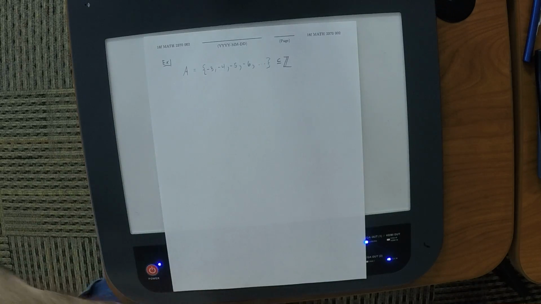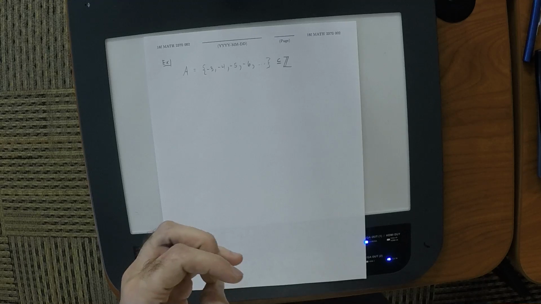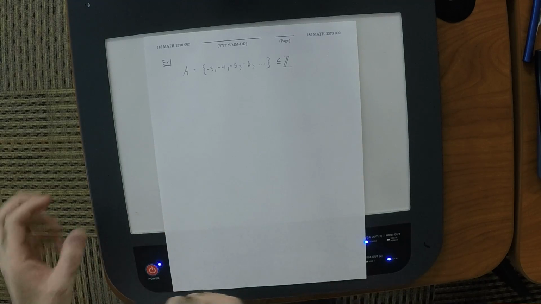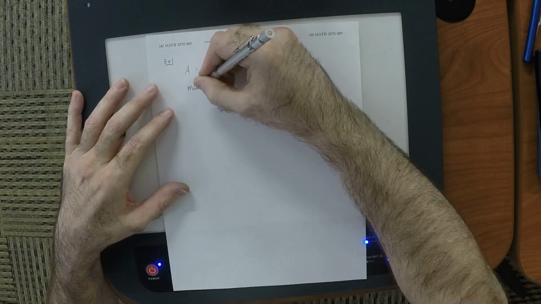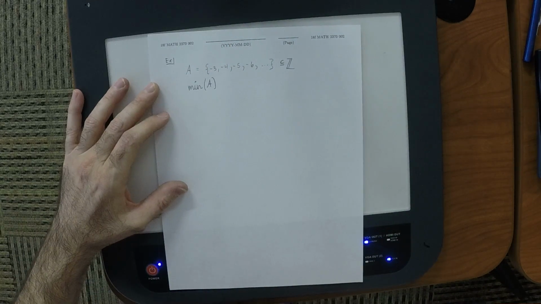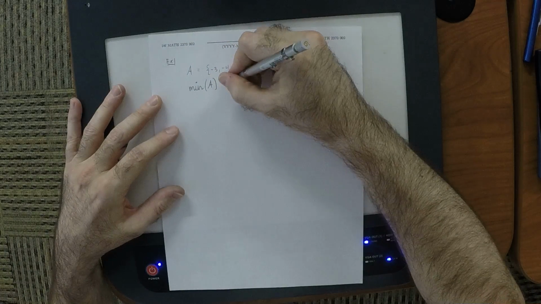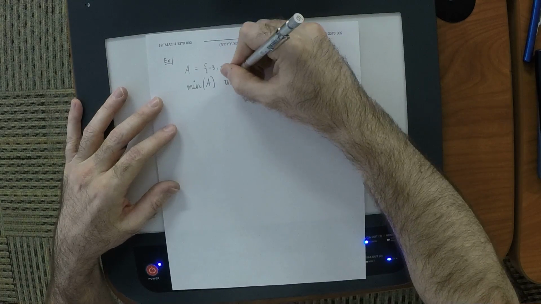Is it non-empty? Yes, it's clearly non-empty. Is it a subset of the naturals? It is not. Therefore, we should not expect that it has a least element. And in fact, if we ask about the min of A, then how about it? There is none. So this is undefined. There is no such element.